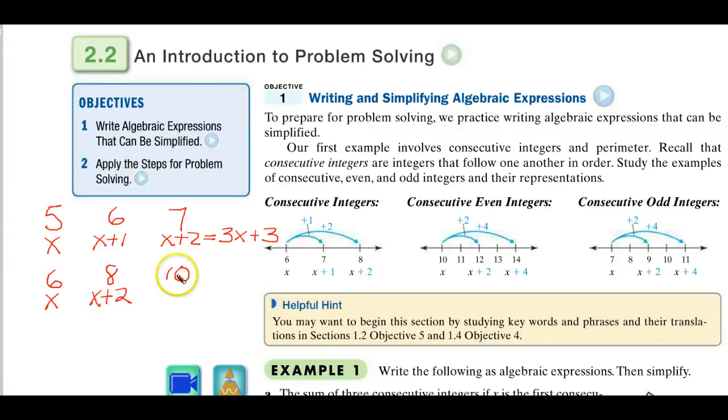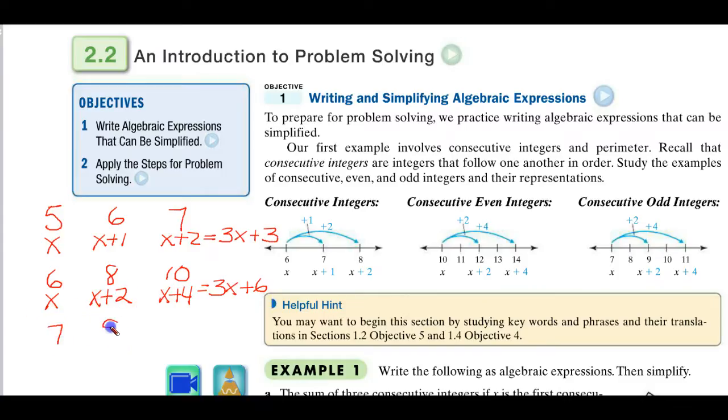And the 10? x plus 4. Now the sum of these three consecutive even integers in algebra would still be 3x, but now 2 and 4 are 6. So these were consecutive integers. These are consecutive even. Now let's do odd.